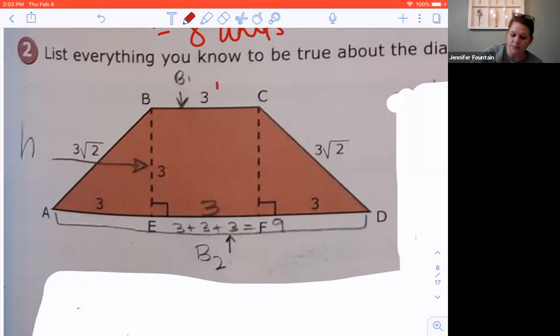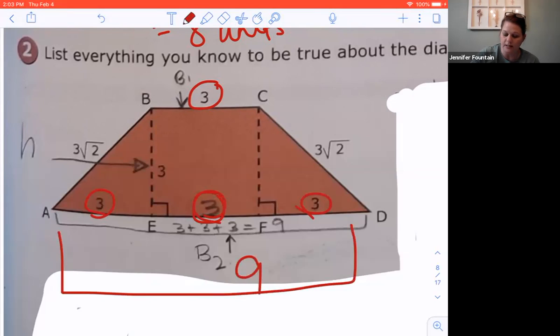All right, so I went ahead and labeled this as much as I knew. If I saw that this measure up here was 3, then I know that this measure down here is 3, okay, because those are congruent. So that way, if this one is 3, this one is 3, and this one is 3, 3 plus 3 plus 3 is 9. So this whole measure right here is 9. So my entire base of my entire figure is 9.